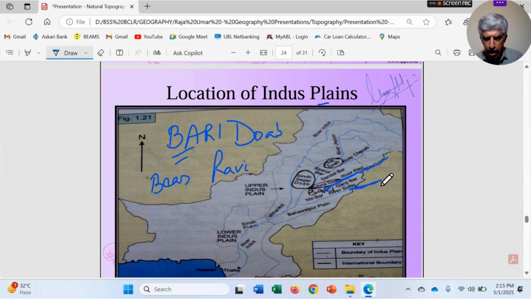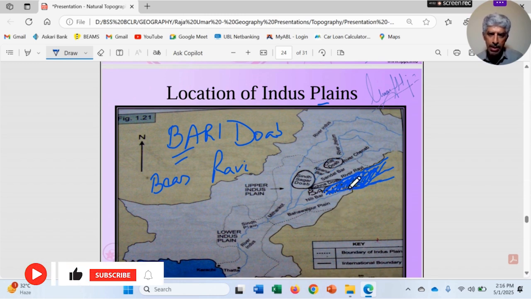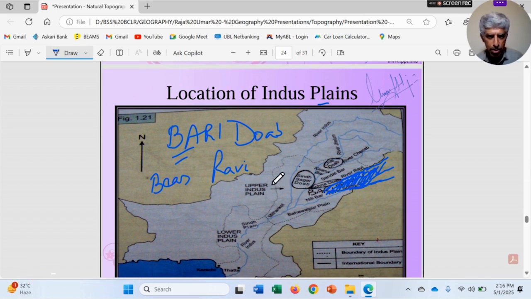In Indian territory, river Beas flows like this, making the Doab between Ravi and Beas, this region. Geographically, Beas is in the north of river Sutlej, and as Beas is closer to Ravi, Beas makes that Doab with Ravi, not river Sutlej.